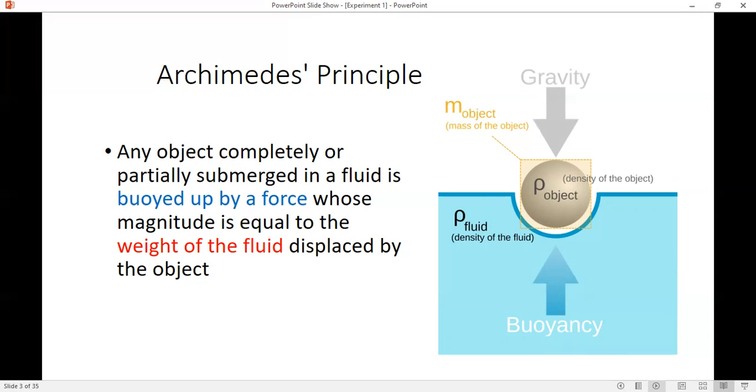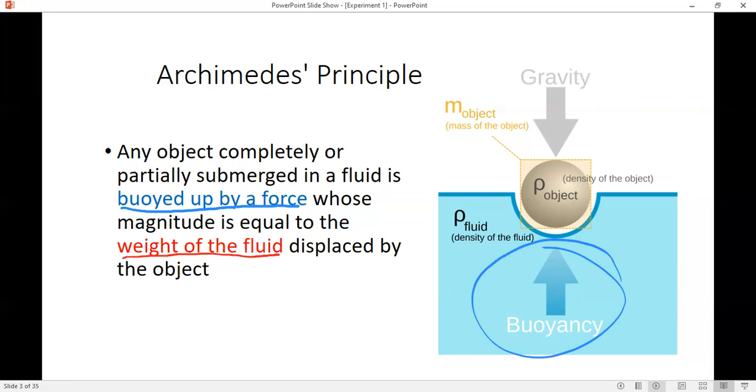The buoyant force, the force that buoys up an object, is not equal to the weight of the object. Rather, it is equal to the weight of the fluid which is being displaced by the object. And that's very important, because if it were equal to the weight of the object that was doing the displacement, then everything would float.